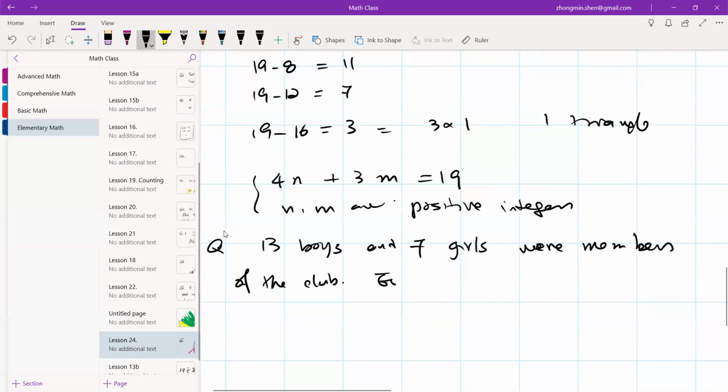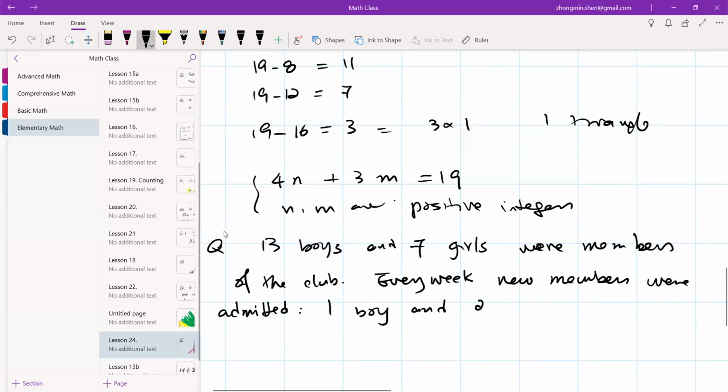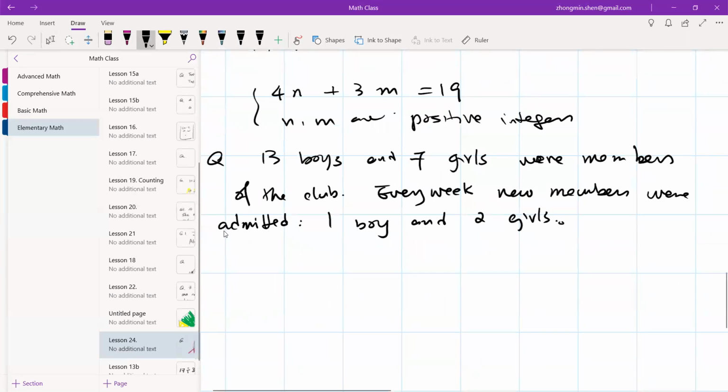And every week, new members are added: 1 boy and 2 girls. Okay, how many members will this club have when the number of boys is equal to the number of girls at that moment, right?